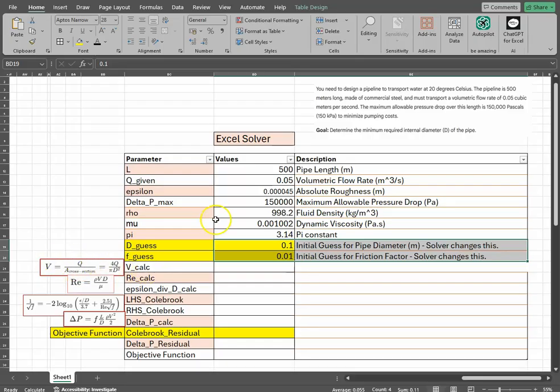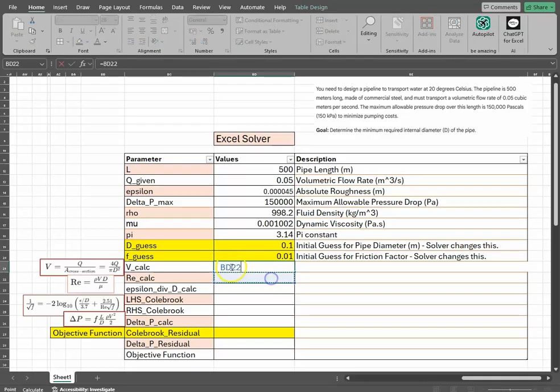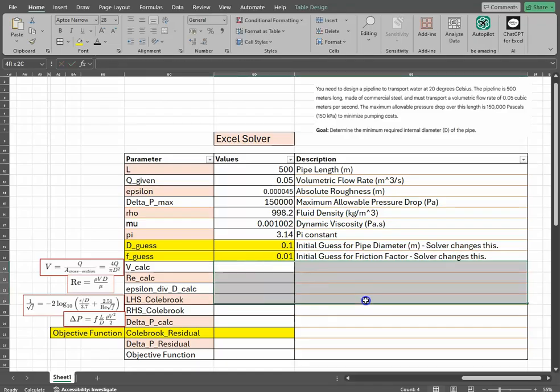Now we have to calculate v, the velocity. How do we calculate velocity? Because the volumetric flow rate is given, v is Q by A, and using that equation we can solve this problem. For that we have to set up this equation, and here I am putting a different color. We calculate the velocity from the given Q, and for D we are taking the guess value.